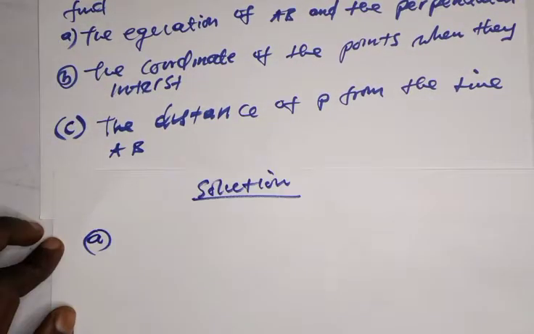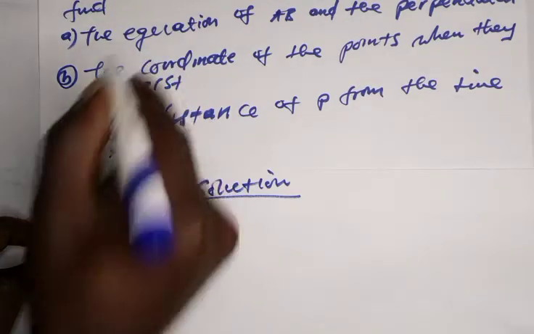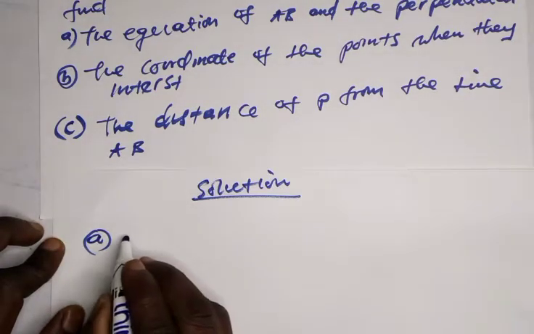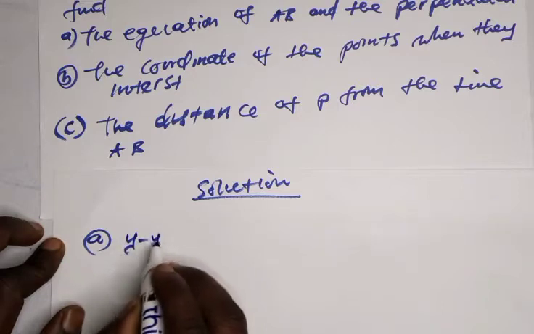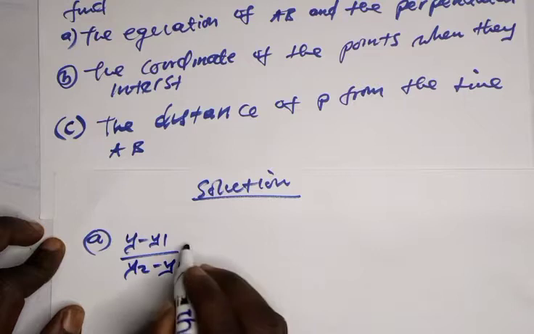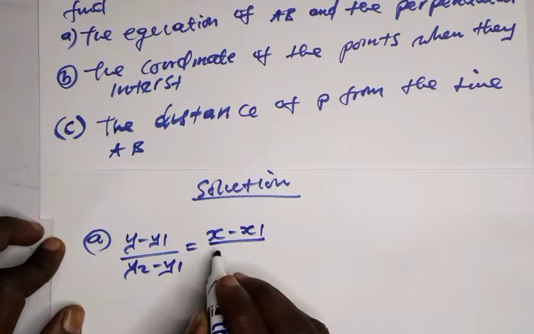We are going to use this formula because we are finding the equation of a straight line, which is (y minus y1) over (y2 minus y1) equals (x minus x1) over (x2 minus x1).